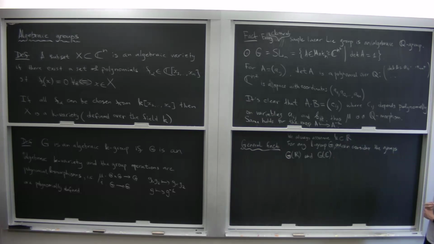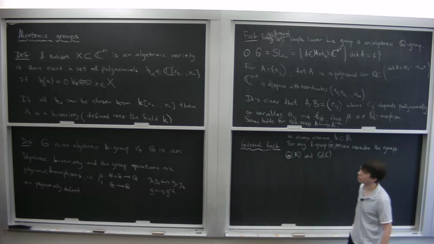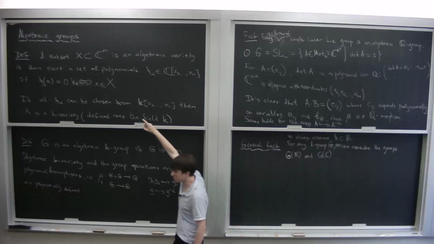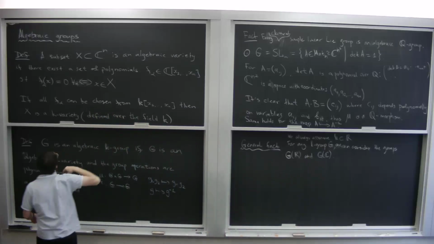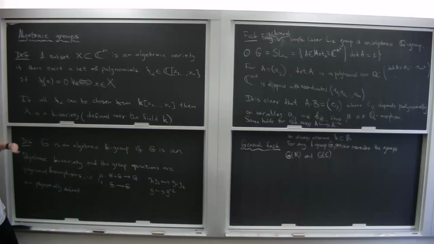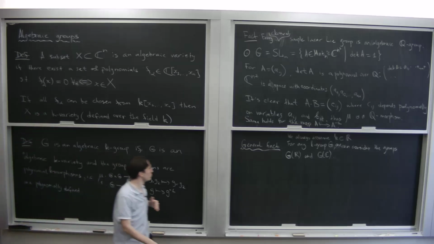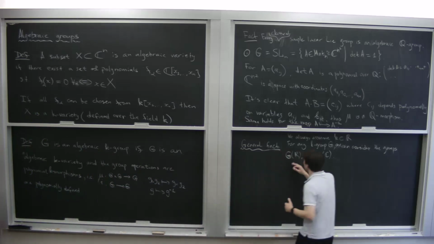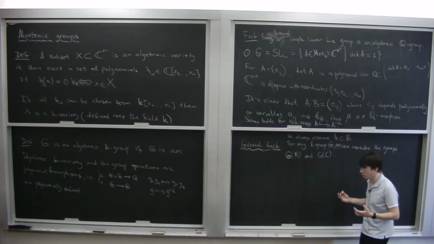So generally, how can we define them? We remember that this is a subset of some C^n, right? Then this algebraic variety just intersects R^n or C^n, or in fact, I can take the group of rational points as well.